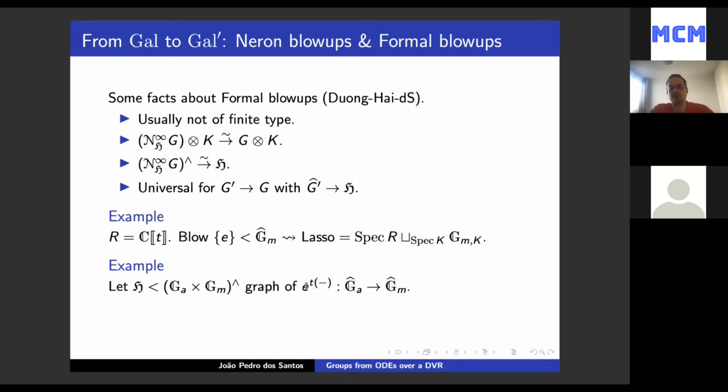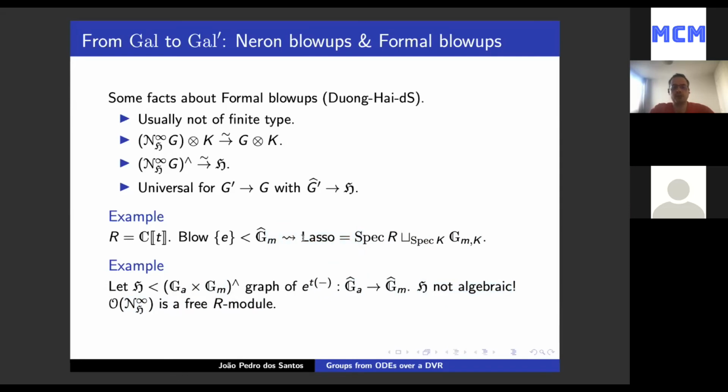The exponential function in this situation is a formal subgroup of G_a times G_m complete, and it's not algebraic. So it's really a formal subgroup of that. And you take the completion, and the pleasing thing is that this is a free R-module. So the fact that this group is not algebraic gives you a very different flavor between these formal blowups and formal blowups of subgroups which are algebraic.